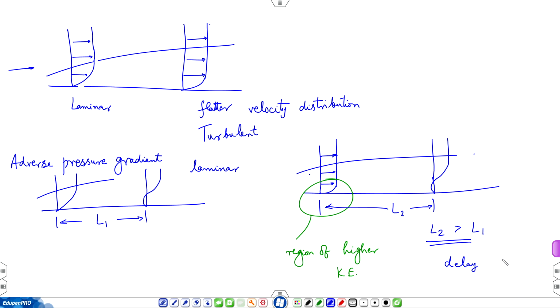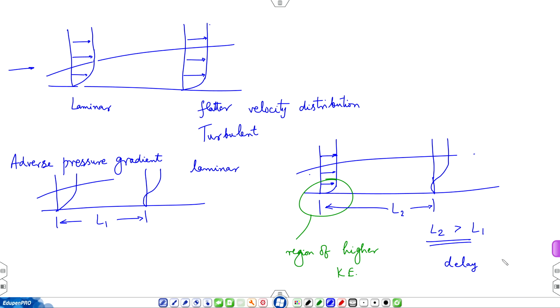So, I think I have made a very strong statement. Okay, streamlining. So, just to review the whole thing, if you weaken the adverse pressure gradient, there is a delay in the point of separation. Okay, so that you can do by streamlining. Okay, when you do streamlining, there is a delay in the point of separation and the drag acting on the object goes down. Now, we are talking about a second method.